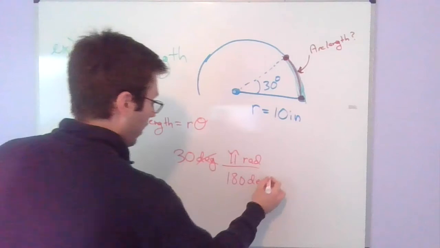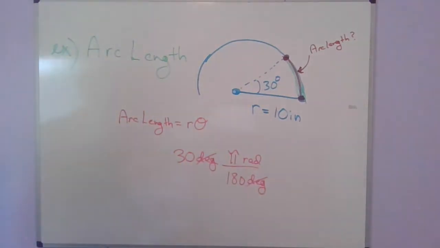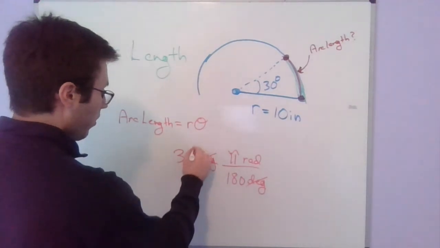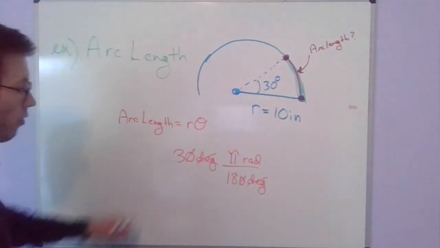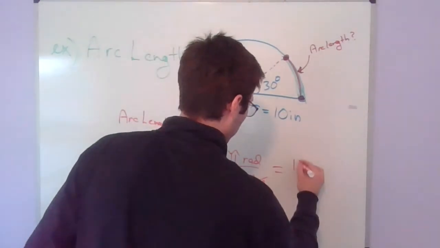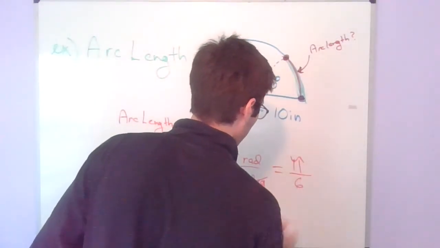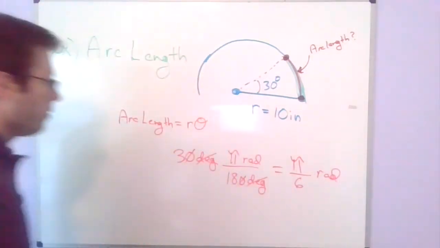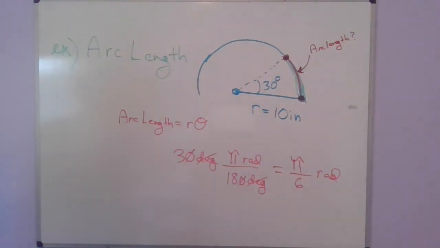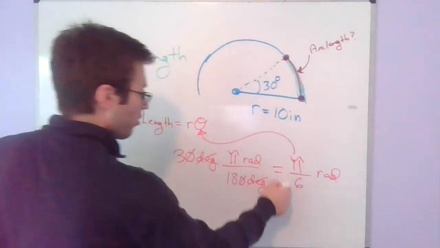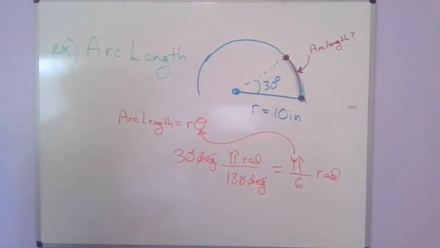So the degrees cancel out. Then 30 divided by 180, we can just let the zeros cancel out. 3 divided by 18 is 1 over 6, so you get pi over 6 radians. So theta would be equal to pi over 6 here.